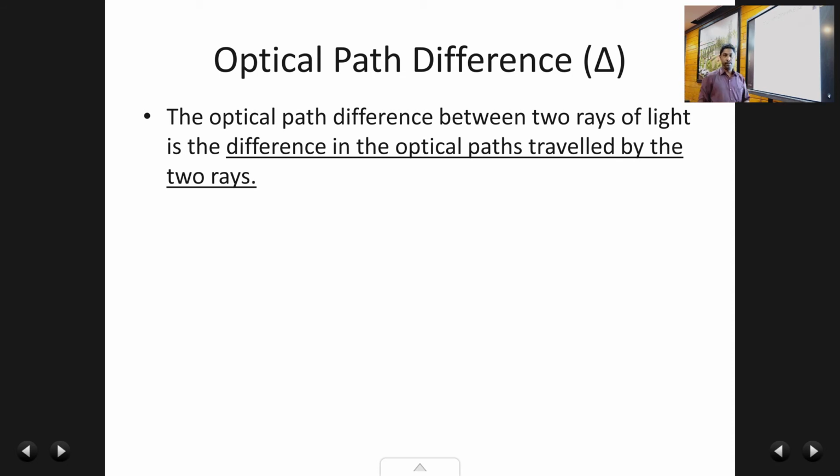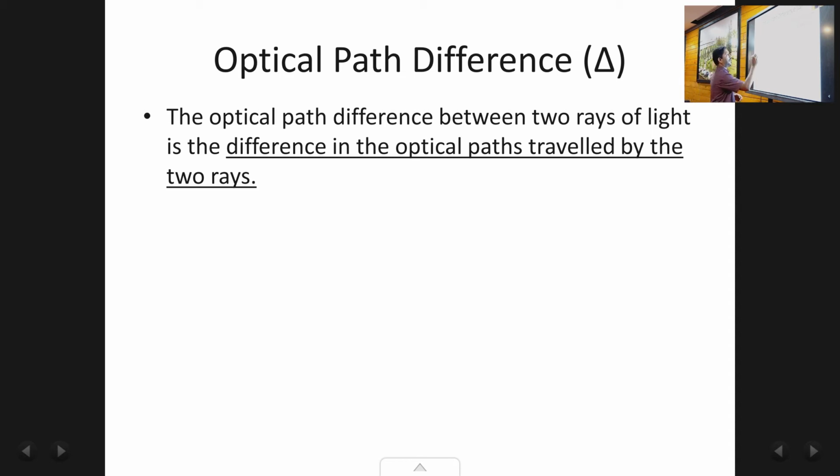Optical path difference is also denoted by the same symbol delta as optical path, because remember, when you subtract two optical paths, the resultant also is an optical path. So the symbol remains the same as delta. Now what is optical path difference defined as? It is the difference between the optical paths traveled by two rays.